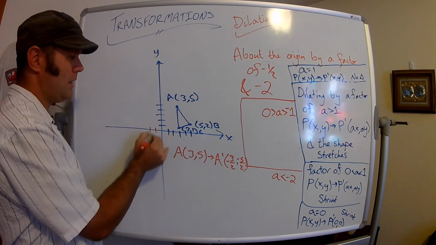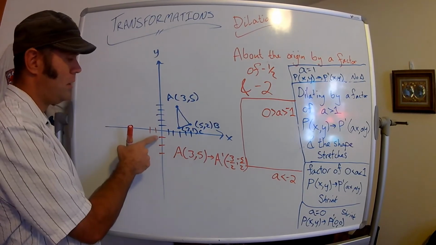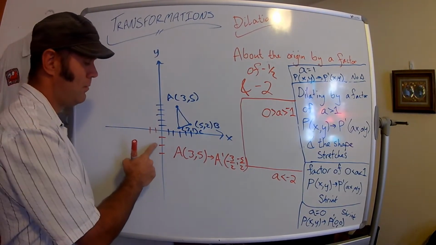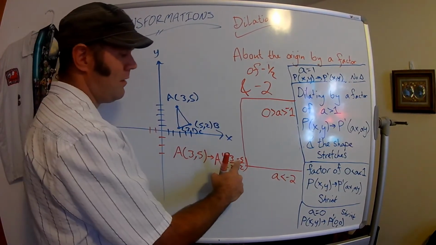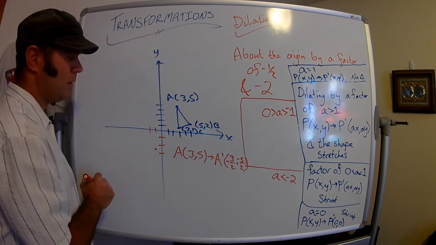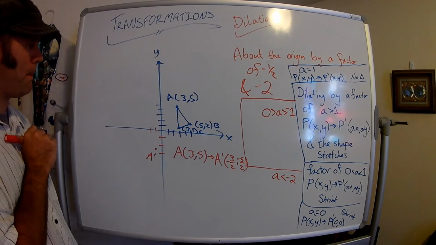So we're right in between, and then we're down 2/2, 4/2, 6/2. Between 4/2 and 6/2 is 5/2. So we're right in between there. And there is A prime.